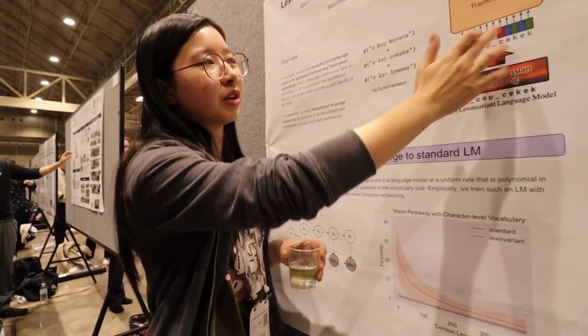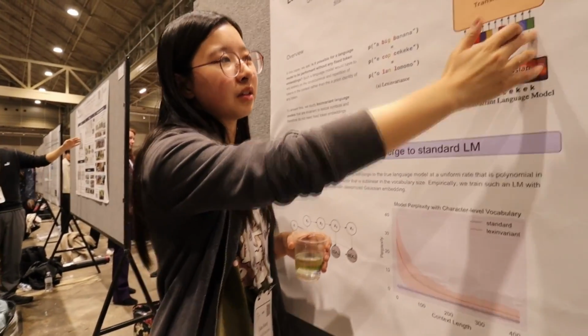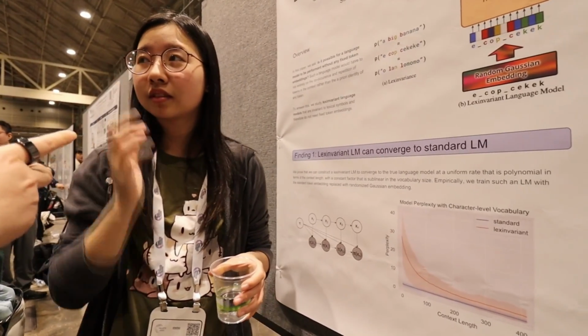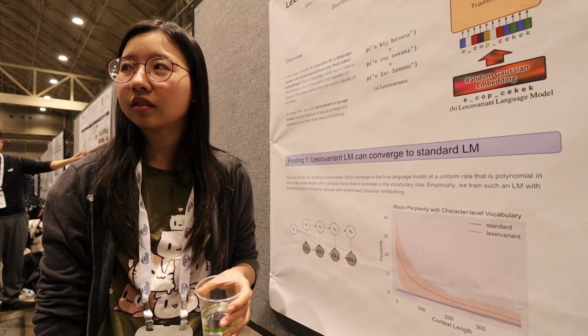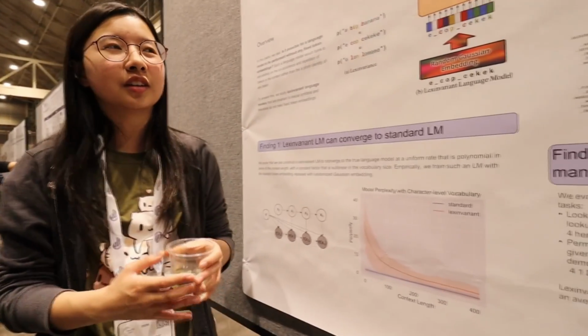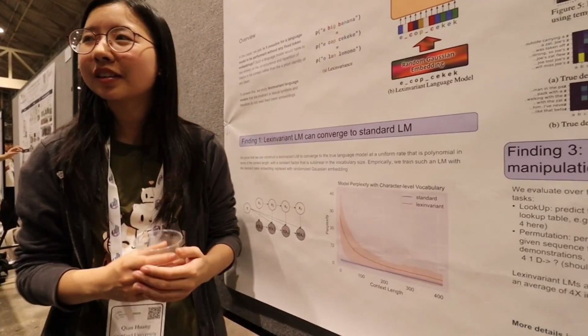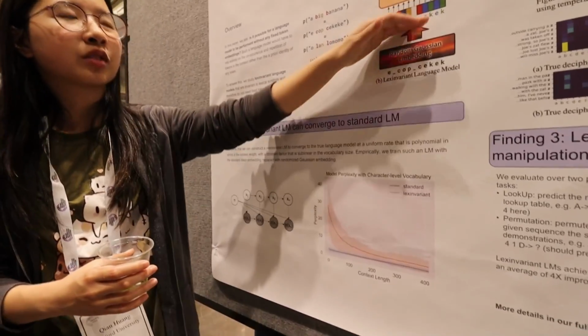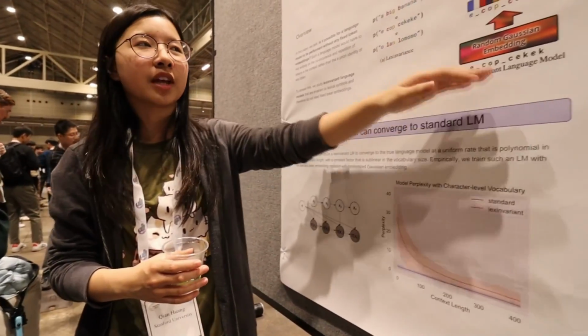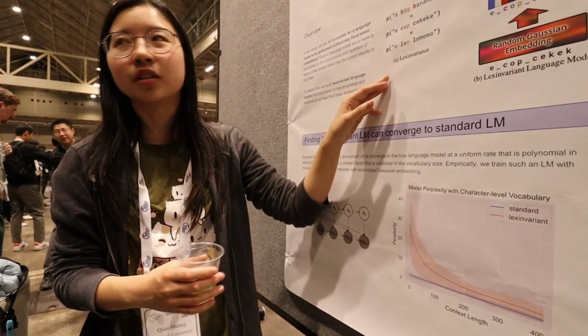Similarly, C has the same random Gaussian embedding, and K has the same random Gaussian embedding. So the embedding is assigned at the first occurrence of that character, and then you can figure out the remaining occurrences that way. But across different sequences, the same letter will have a different Gaussian embedding, so that you force it to have the Lexinvariant property.